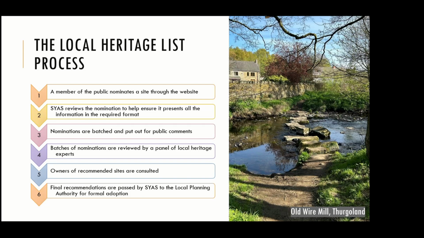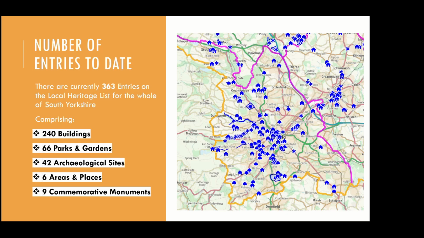So it makes much more sense to contact people at the point at which you know that you could actually locally list it. If they have a heritage objection, we might take it back to the panel. If there isn't any objection, then it goes to the local planning authority, who then formally adopt it. And that is the stage at which it's been legally adopted as far as the council's concerned.